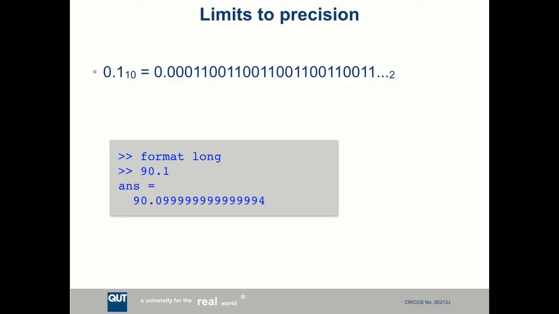And here's a particular example: the number 90.1 in MATLAB. I asked MATLAB to display it in all its gory detail, and we see that it's not quite equal to 90.1. It's different in the 17th digit, which is not bad. And we said before that the precision is only 16 to 17 digits. So that's what you get.